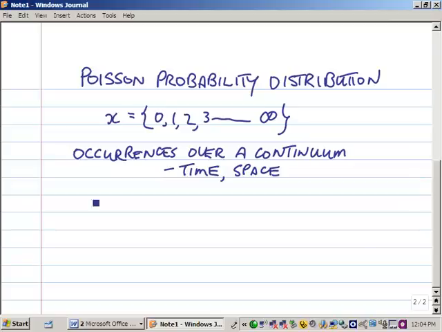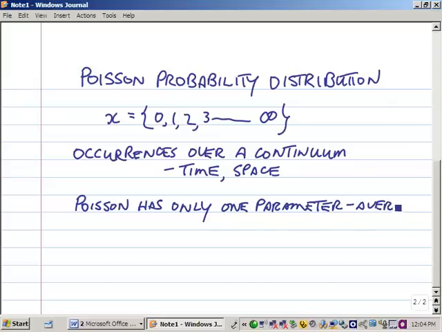The Poisson distribution has only one parameter, and that is its average. As soon as you are told the average of a particular Poisson distribution, then you know exactly where to go to calculate probabilities, and we have probability tables just like we had for the binomial.